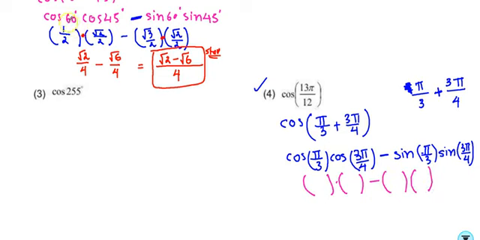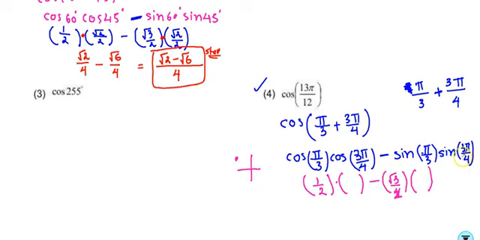We know that cosine pi over 3 is the same as 60 degrees. I'm going to borrow those numbers here. Sine pi over 3, 60 degrees, root 3 over 2. Okay, so now let's take cosine 3 pi over 4. 3 pi over 4 is here. Cosine is going to be negative.